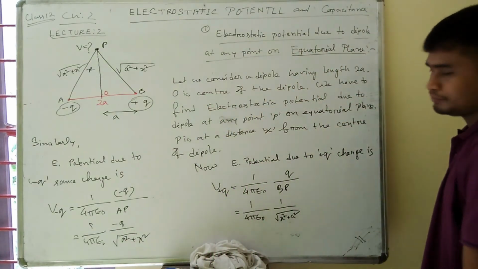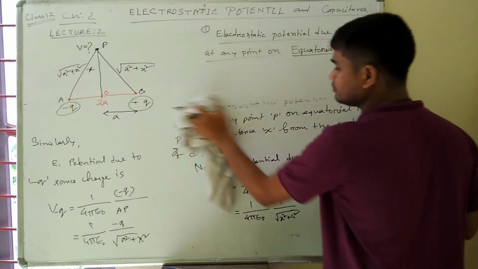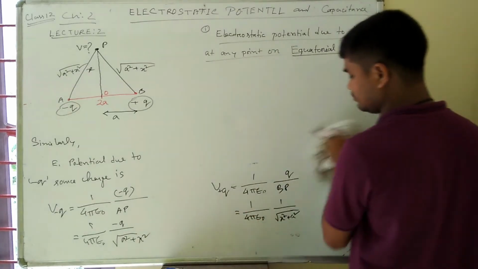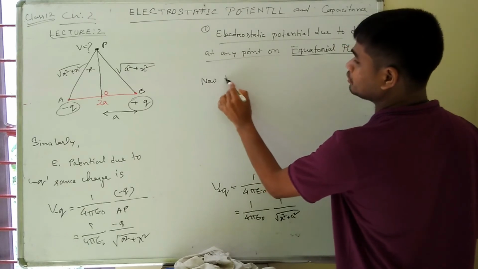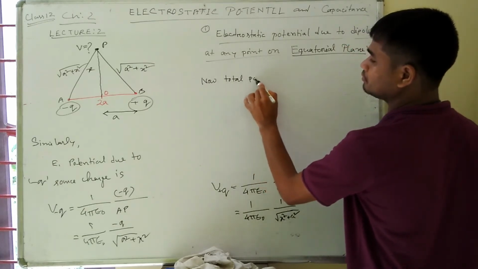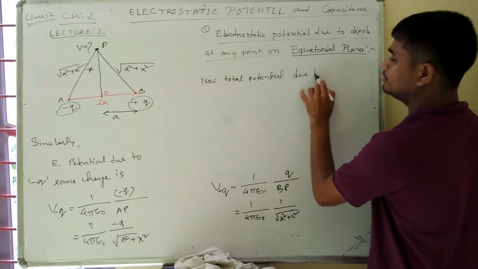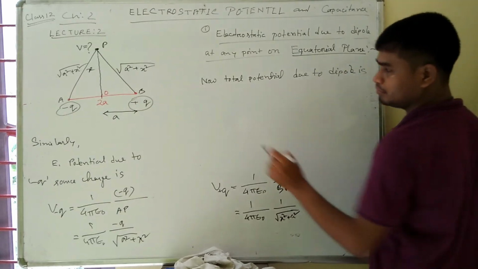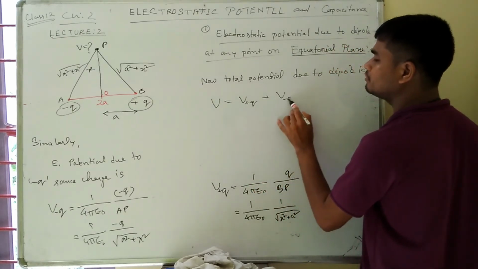Now the total potential due to the dipole is V equal to V due to plus q plus V due to minus q.